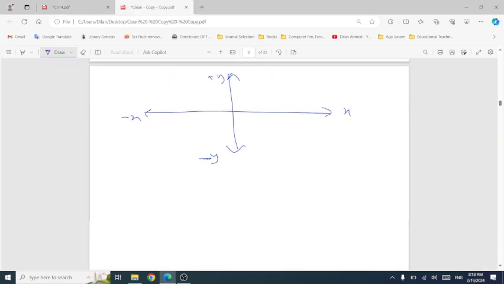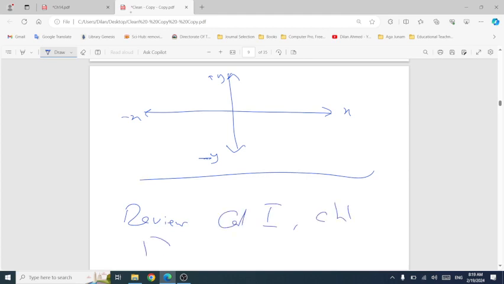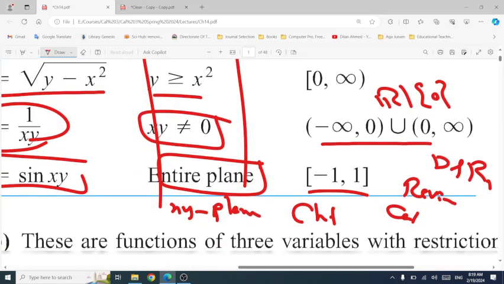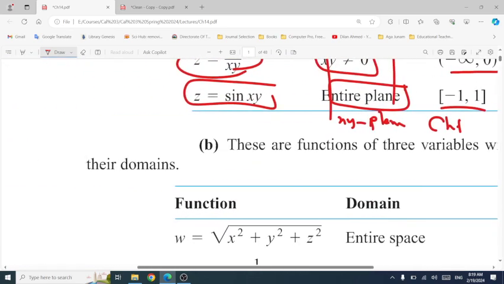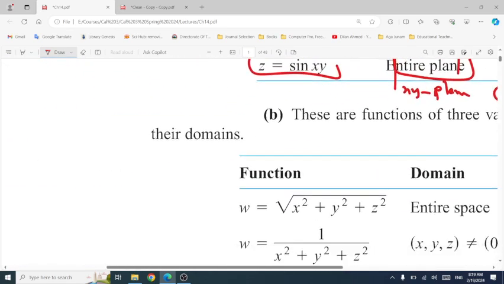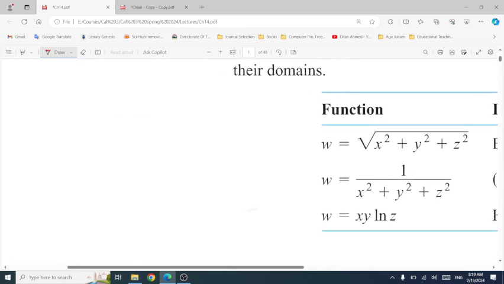So I recommend you to get more information, review. Now we have a video and we have many things. Review Cal 1, chapter 1, domain and range, especially for domain. Easy, dears? Okay.